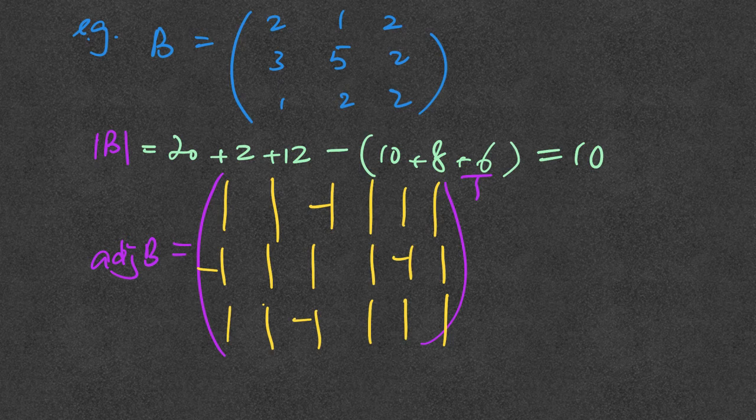All right, so now we check the answer. So it should be 5, 2, 2, 2, 3, 1, 2, 2.